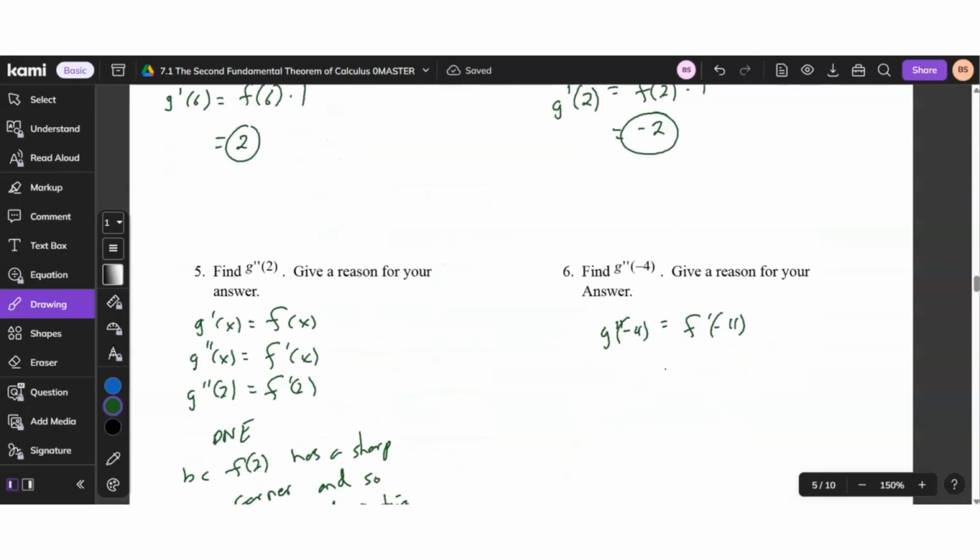So this is going to be negative 6 over 3, or just negative 2. Reason for our answer, I guess, would simply be that that's the slope at f of negative 4.